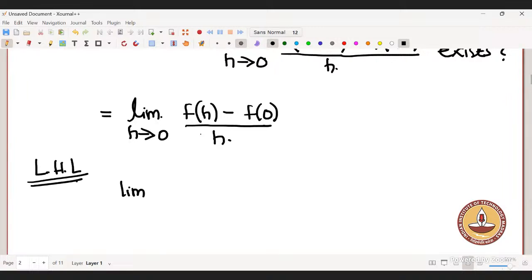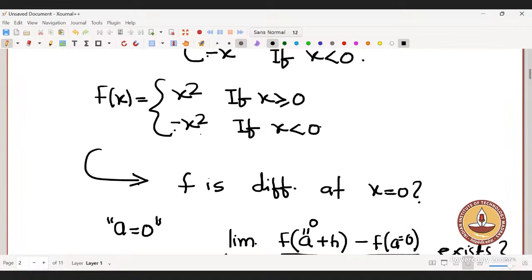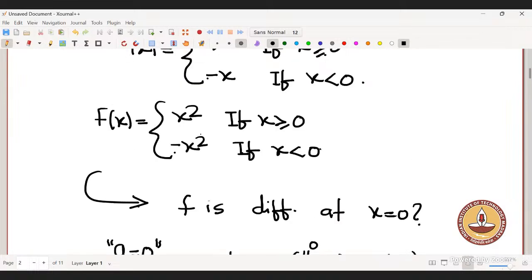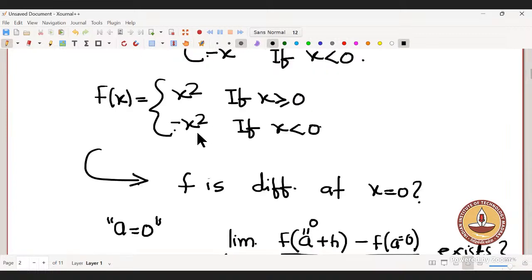It's the limit as s tends to 0 minus, right? Yes, f of s minus f of 0. Now when s tends to 0 minus, what is f of s? If x is less than 0, what is f of x?